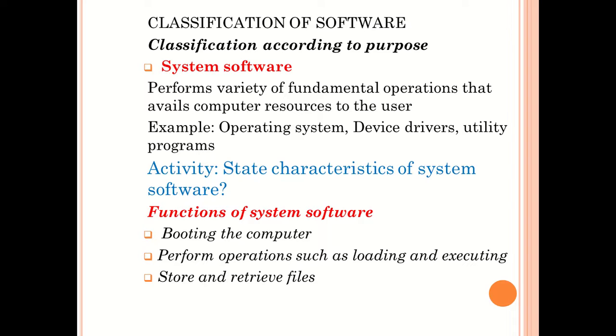Now there are some characteristics of system software. One is that it is hard coded. Why do we say it is hard coded? Because it uses machine language. Another characteristic is that it is difficult to use, because of the interface provided for you to interact with it.